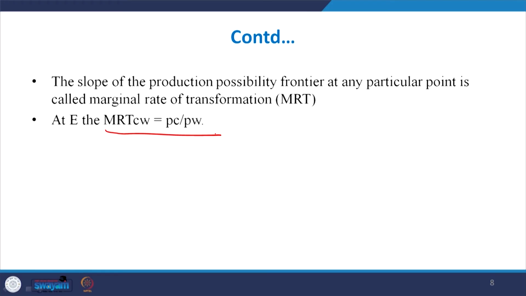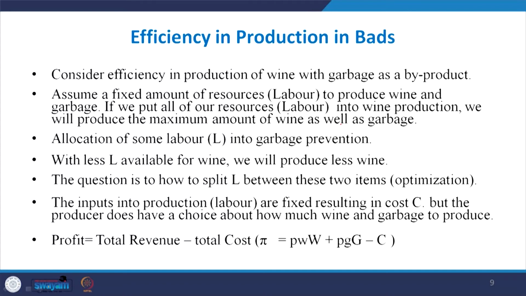So, this is actually called the optimum allocation of cheese and wine. This is the case of two good products, because wine and cheese both are conventional products.